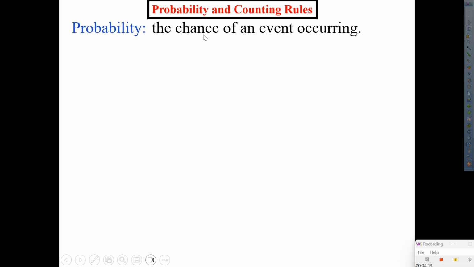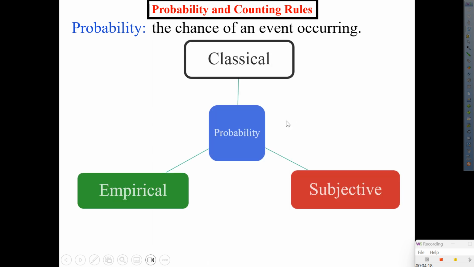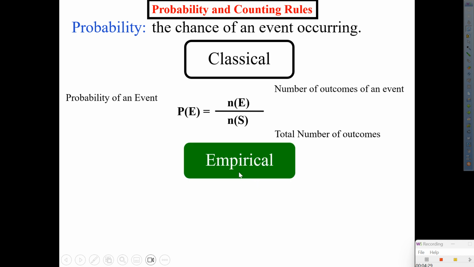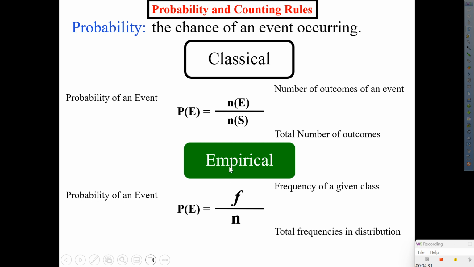Yes, the chance of something occurring, an event occurring. We have that. We have this diagram as well. Is that correct? So like I said, we're done with classical. We're moving on to empirical. We have this formula for classical. And yesterday, I had you guys look for the formula for empirical, and you wrote down P of E equals F over N. Is that correct?